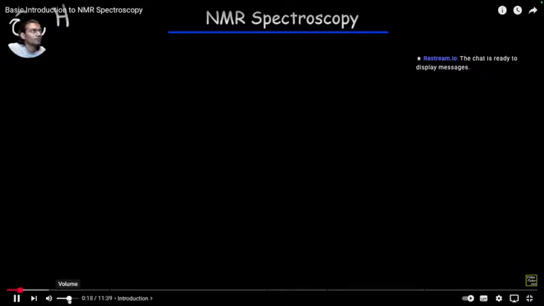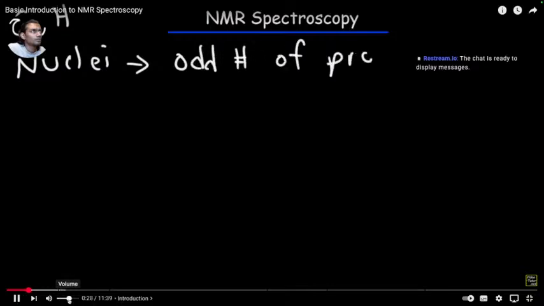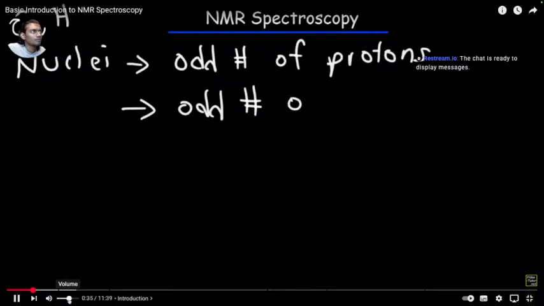Now, it only works with certain nuclei, and that is nuclei either with an odd number of protons or an odd number of neutrons. So let me give you some examples.